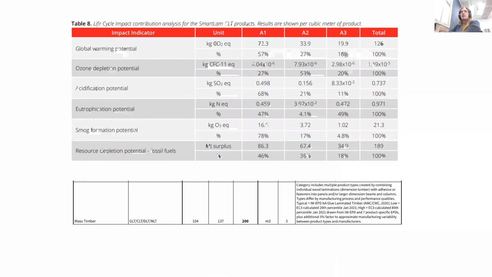And then you end up with a list of different impacts. So global warming, ozone depletion, acidification, eutrophication, smog formation, and fossil fuel use. That's really looking at this A1 through A3 phase and trying to quantify the CO2 equivalent that comes from A1 through A3 phase.